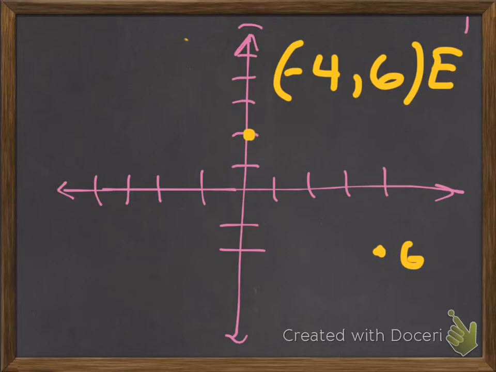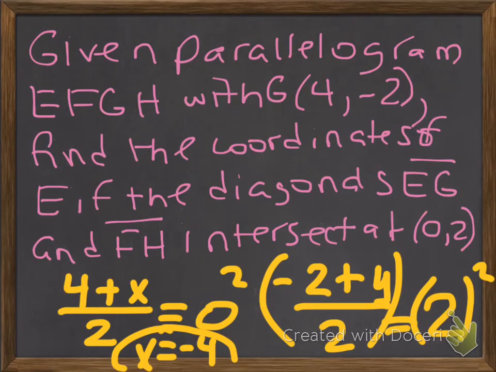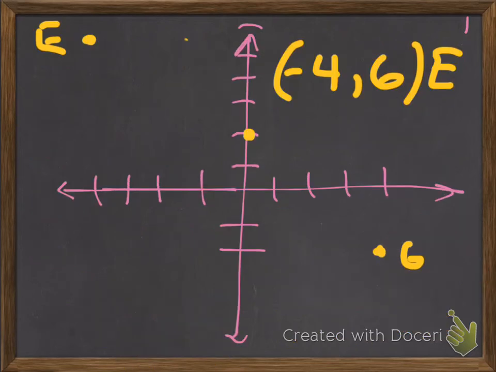That's going to be up here, which makes it the top left. So that would be our point. Using the midpoint formula is how you find the missing coordinates there, because the diagonals intersect at 0, 2, and wherever the diagonals intersect is the midpoint of those diagonals.